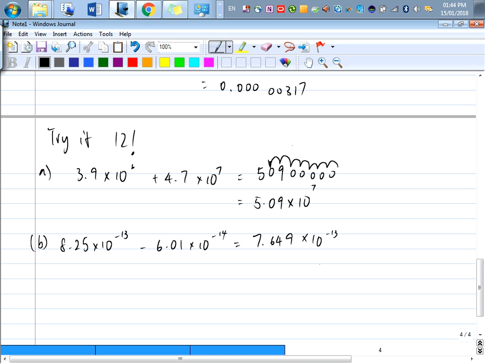Can you all get this? If you did, put a little green tick on your work. 7.649 times 10 to the power of negative 13.